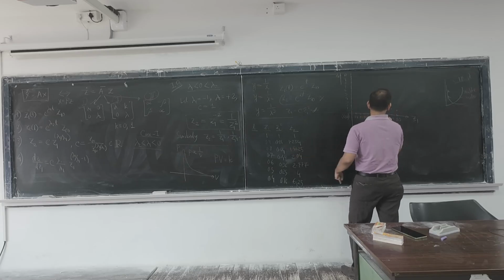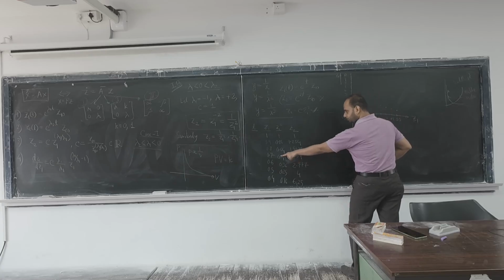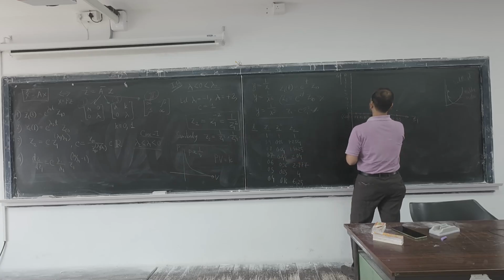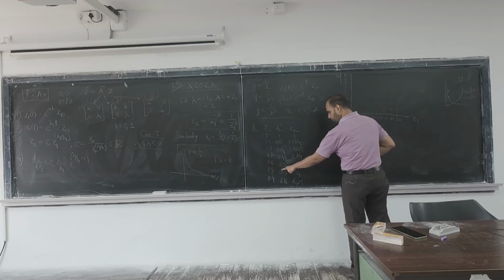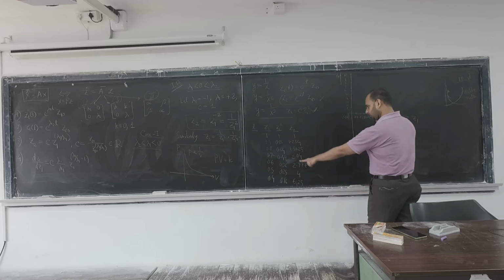Then 0.7, 2.04. And then 0.6, 2.707. Then 0.5, 4.